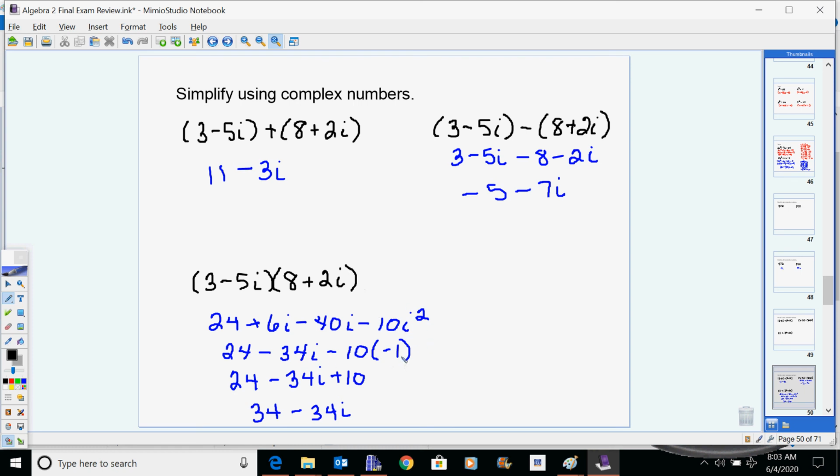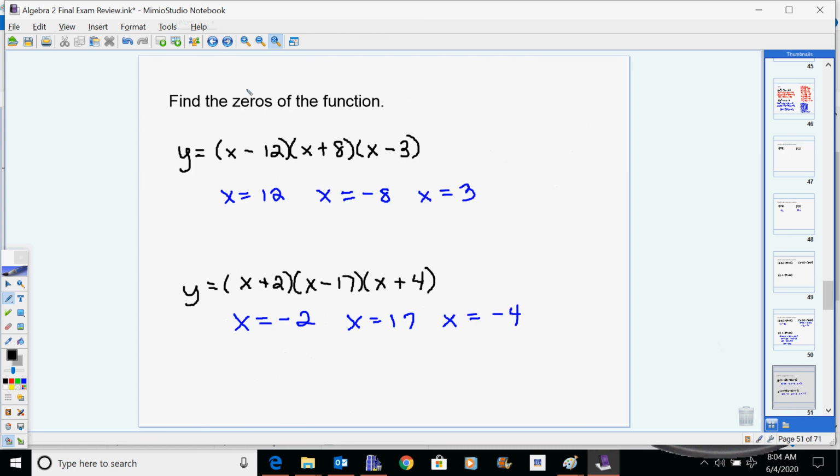So that's the difference between a regular binomial times binomial and the complex numbers. Because at the end, you need to take out the i squared and put in the negative 1. 34 minus 34i is the answer on this. These two numbers do not have to match. They just do in this example.